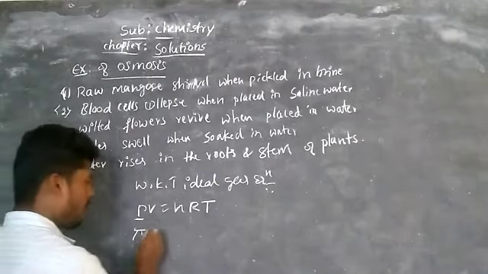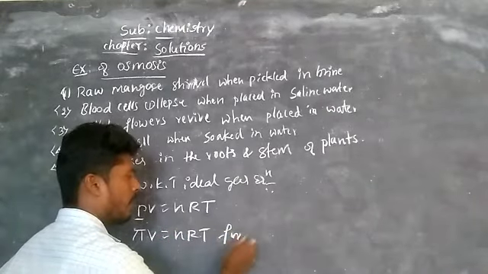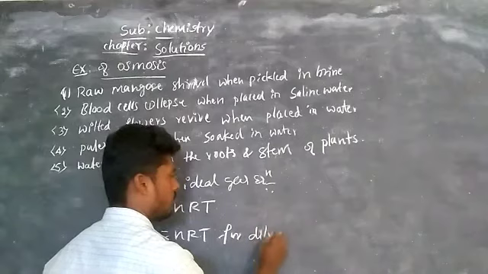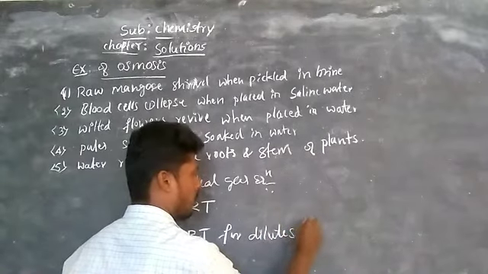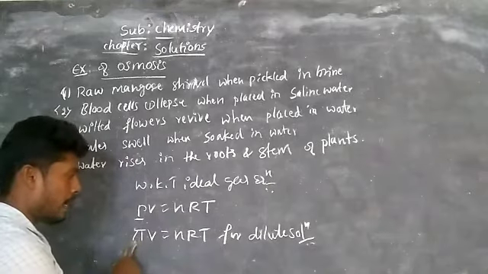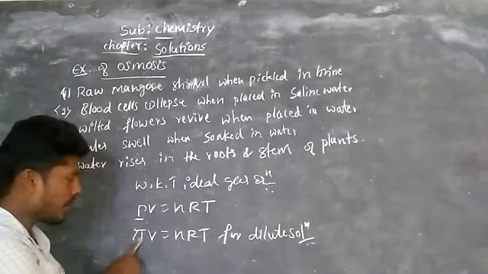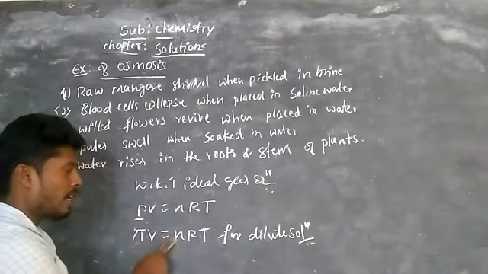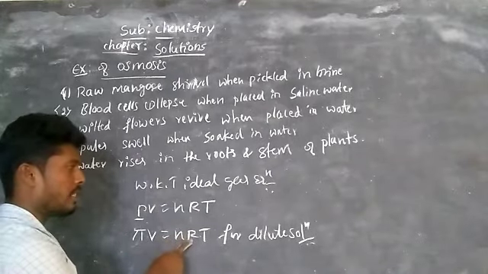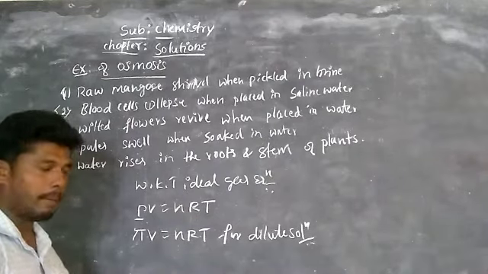Okay, pi V is equal to nRT for dilute solutions. Are you understanding? This is for dilute solutions. Pi V is equal to nRT, where pi is the osmotic pressure, V is the volume of the solution, n is the number of moles, R is the universal gas constant, and T is the temperature.